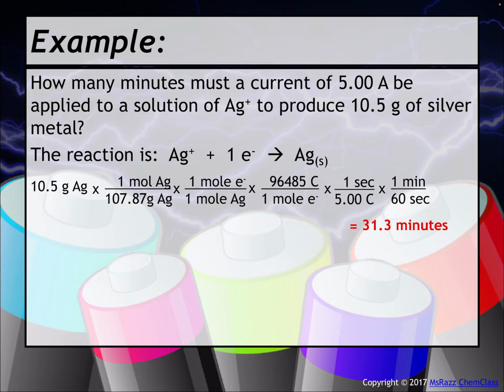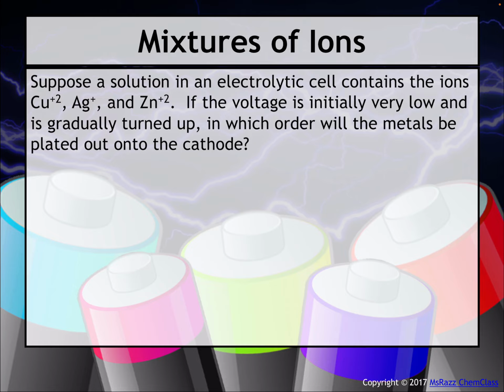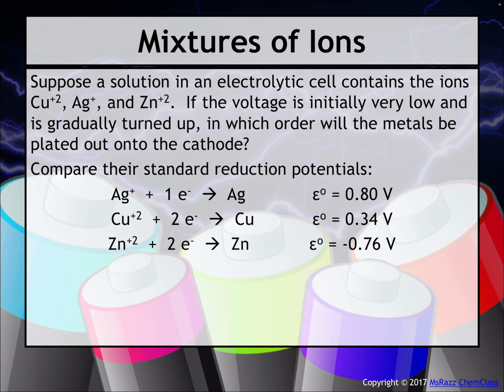One other thing that comes up a lot in electrolysis is figuring out which reaction is going to happen first. For example, say we have an electrolytic cell that has three ions in it: copper, silver, and zinc ions. At a low voltage, which metal is going to be formed at the cathode? We have to compare the standard reduction potentials.